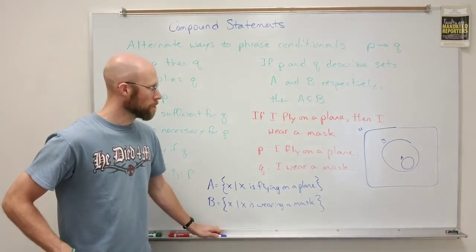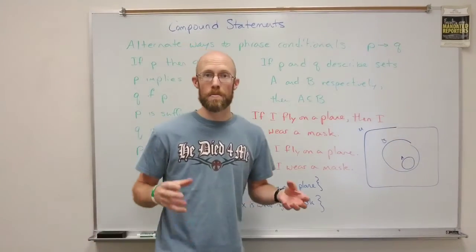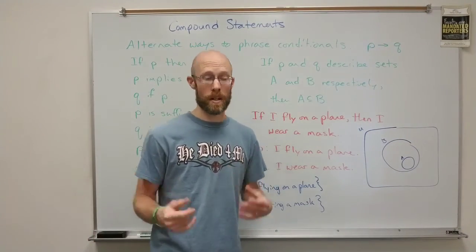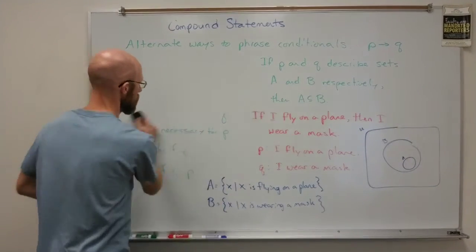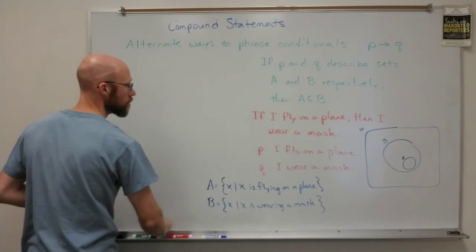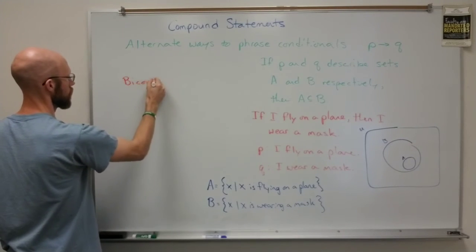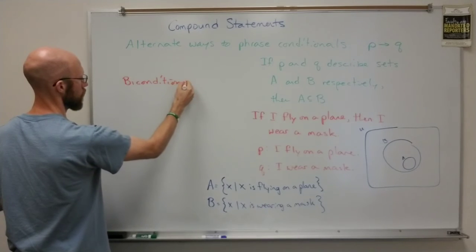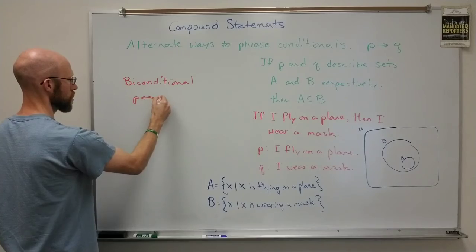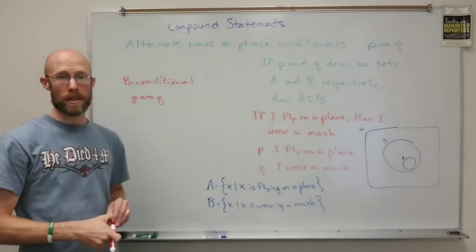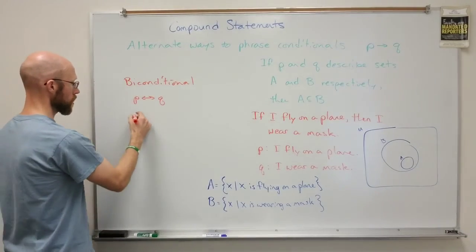Now a biconditional statement is where the subset goes both ways. Kind of interesting. So think about that. For a biconditional, that's P implies Q and Q implies P, or P if and only if Q. You have the subset going both ways.